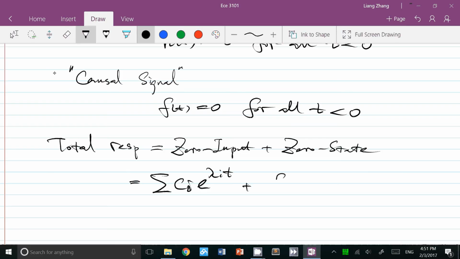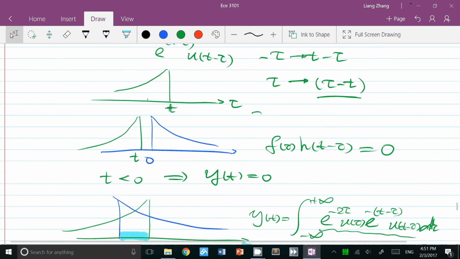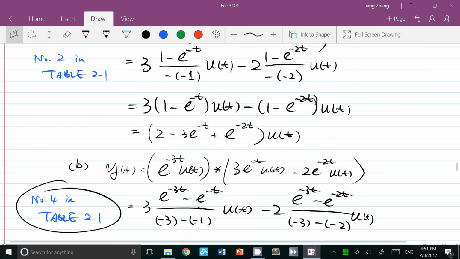The zero state response will be your input convolved with your unit impulse response h of t. If you remember from our previous discussion, I can scroll up my lecture notes.